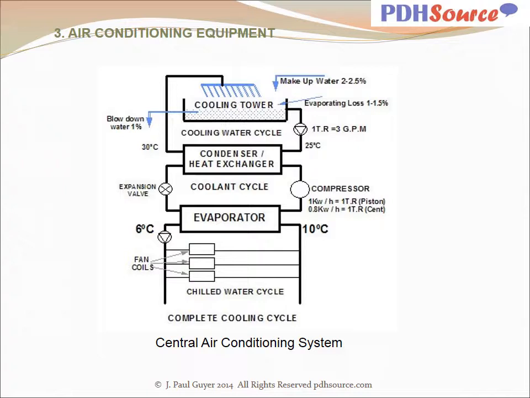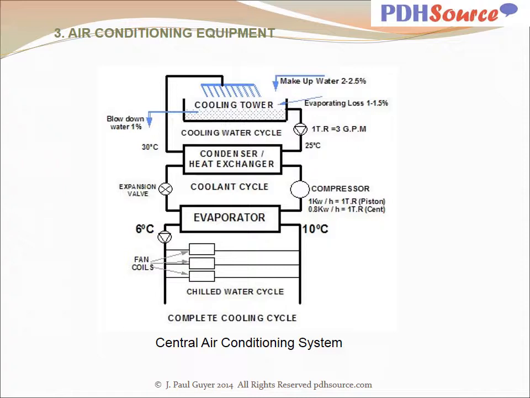Now, with a cooling tower, since some of the water is being vaporized and gets blown away, you have to have makeup water, and that amounts to maybe 1 to 1.5% of the water that vaporizes.